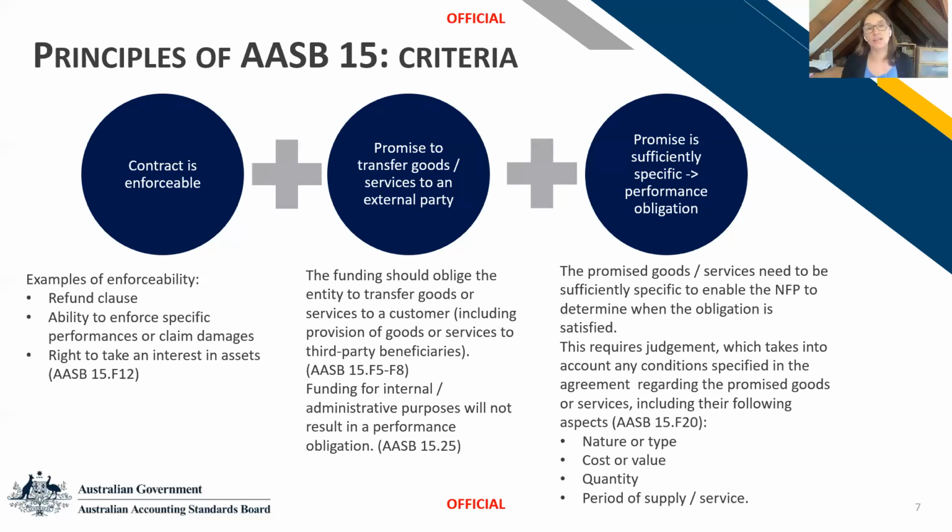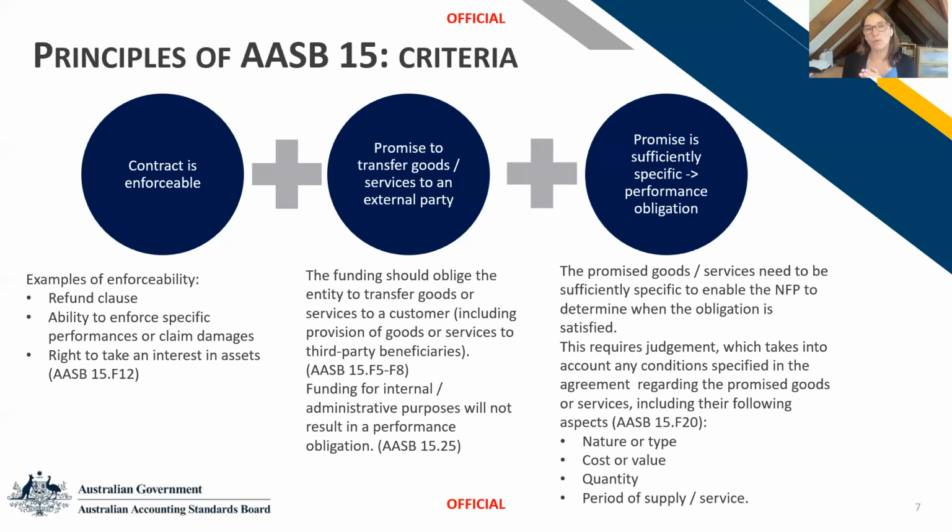The next criteria is that in order to be within AASB 15, and Freddie mentioned the fact that this was not necessarily written for not-for-profits, and that's because it's an international standard. So there are things within here that aren't necessarily directly relatable, hence that Appendix F that exists.